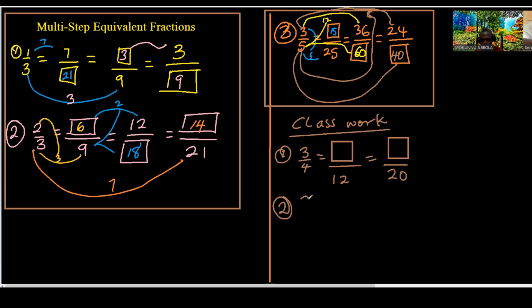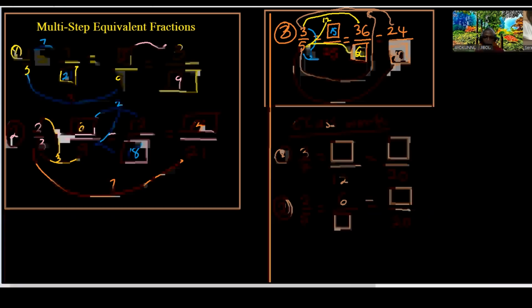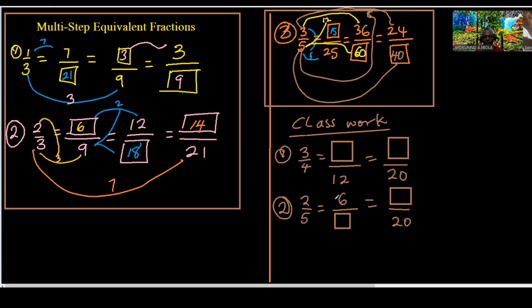Okay, the same 2 over 5 equal 6 over something, and this is now equal to something over 20. So you're going to do these 2 questions when you're through with that, okay? Is that clear? Yeah. So once you're through, you're going to let me know.